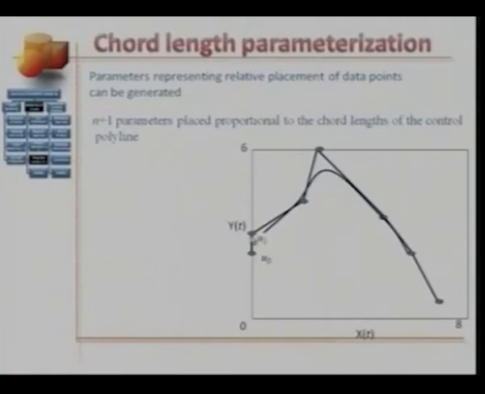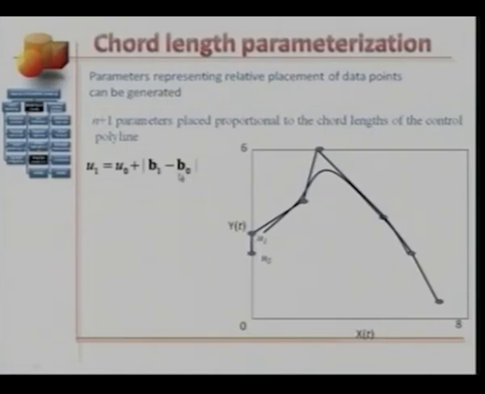Corresponding to the second point, B1, we have the parameter value u1, and so on. I can express u1 as u0 plus the absolute value or the chord length between these two data points, absolute value of B1 minus B0.